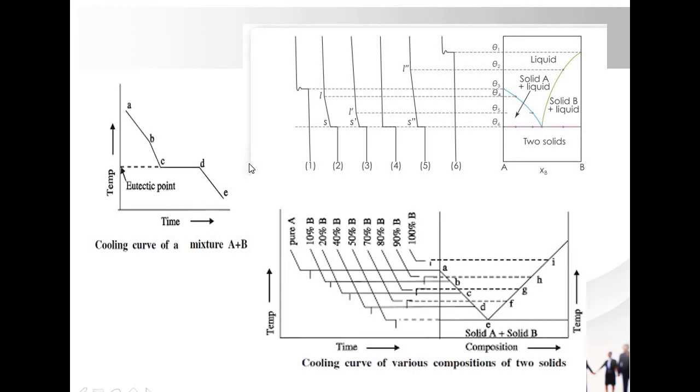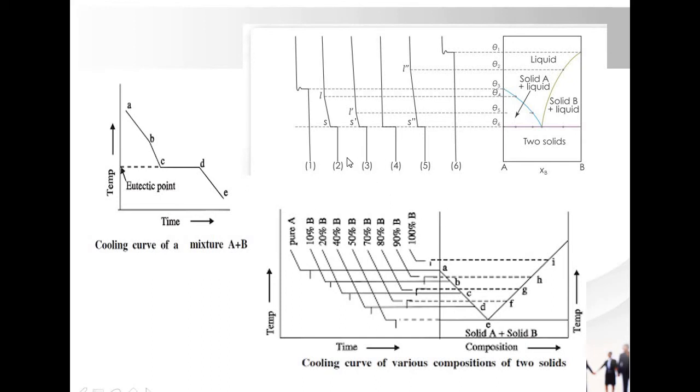And this is the principle behind the method of thermal analysis, which is used for the study of solid liquid phase equilibria involving metals, and it is used to obtain the phase diagram for any two component system. Okay. Now we'll find out experimentally how to draw a phase diagram with the help of this cooling curve.